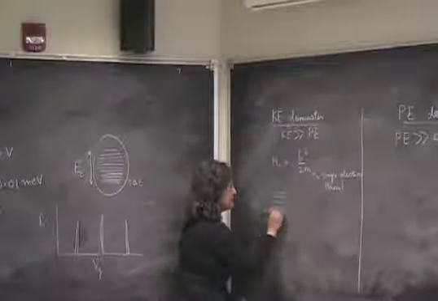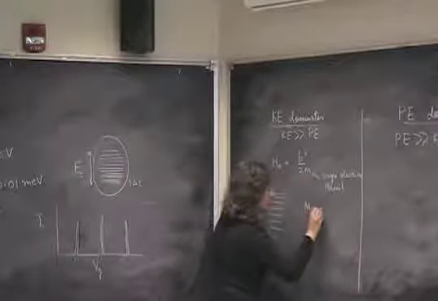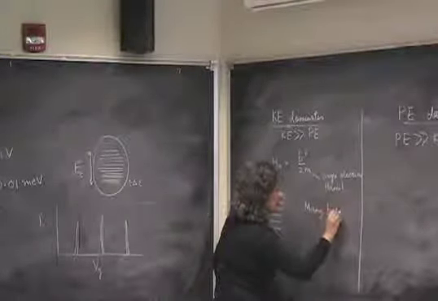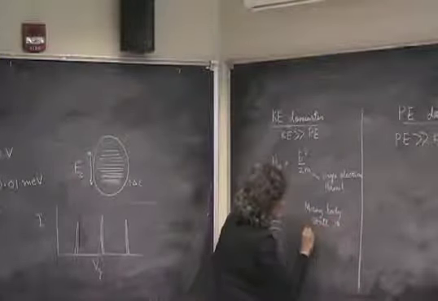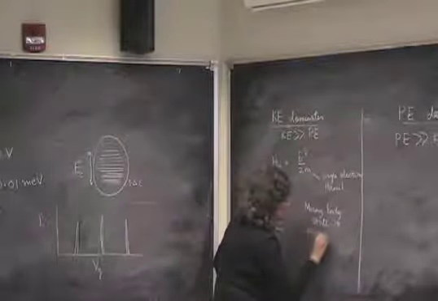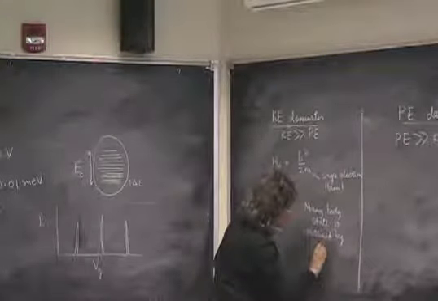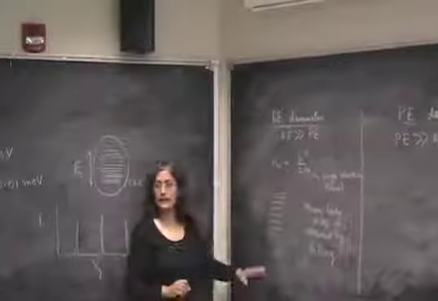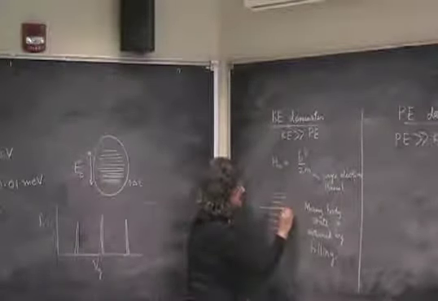It gives a bunch of states, and the many-body state is obtained by filling all these states, and then you say, okay, here it is, this is the state.